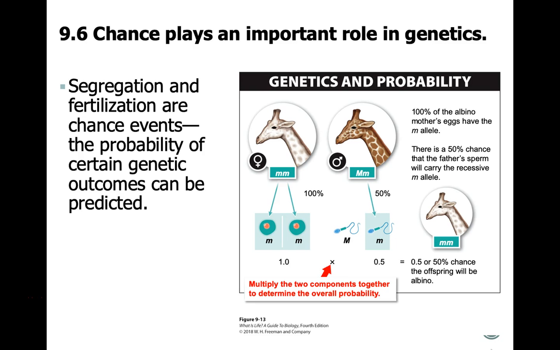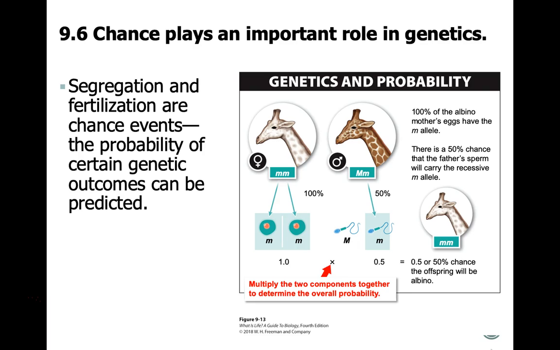So a few minutes ago, or probably in the last video, I said that genetics was really just a big game of chance. So segregation and fertilization are both chance events. If you are heterozygous, you have a 50-50 chance of passing each allele to your gametes. And then fertilization is another quote-unquote random event.